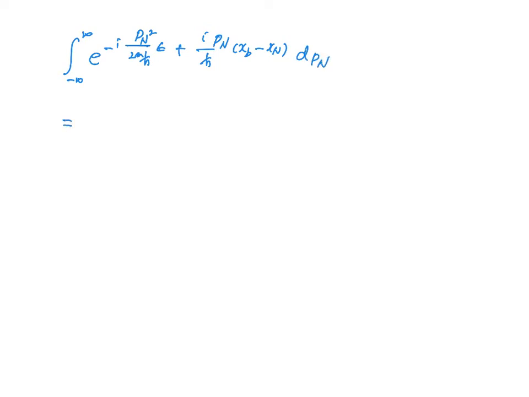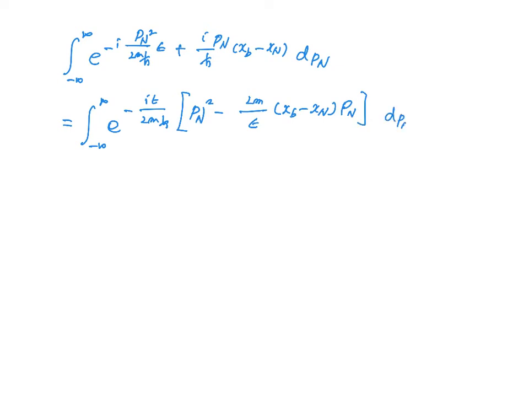We can factor this into 2m over h bar: pn square minus 2m over epsilon xb minus xn pn.